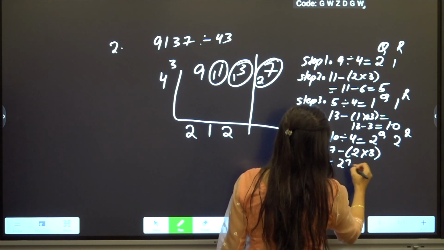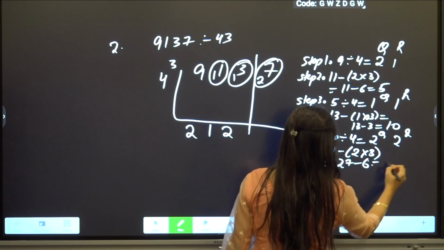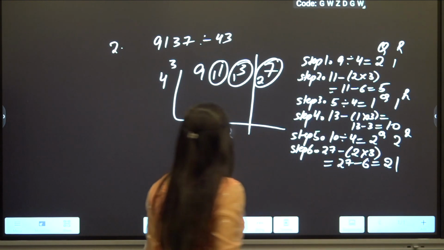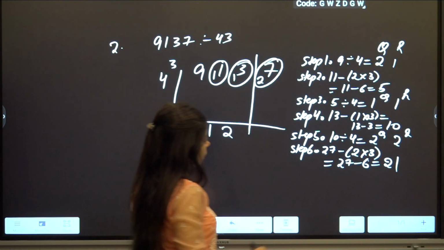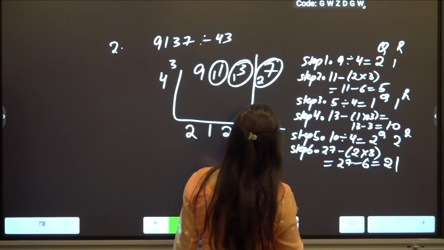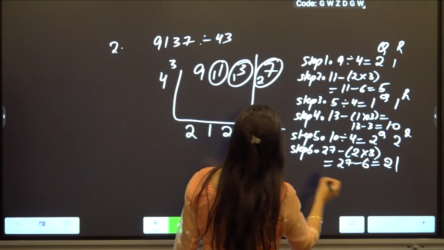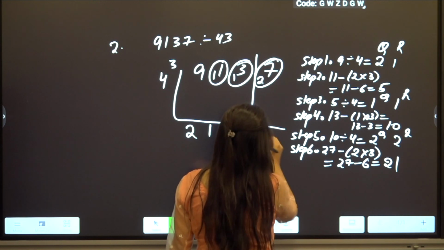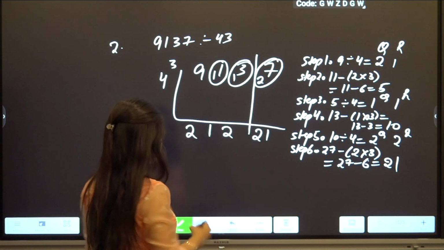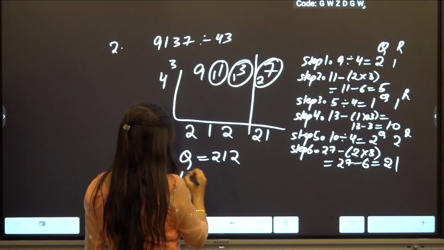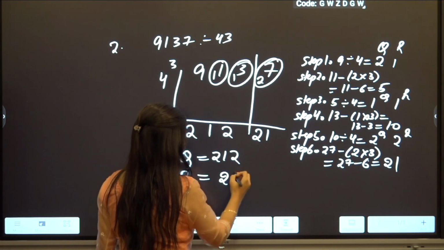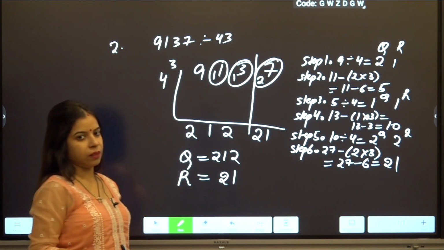So this will be 27 minus 6, which is 21. Next step is what? I am going to put 21 over here. So quotient is 212 and remainder is 21. Okay.